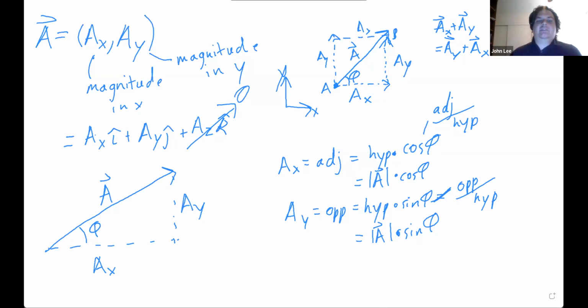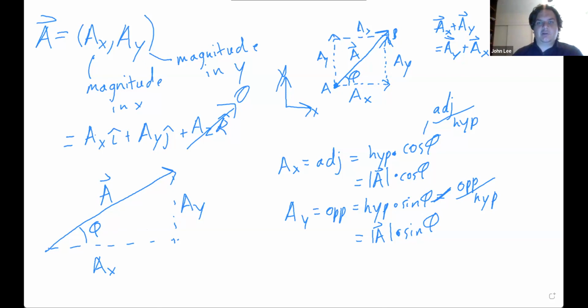So this is how you get X and Y components from the polar coordinates, from this angle and this magnitude in the direction of the vector.